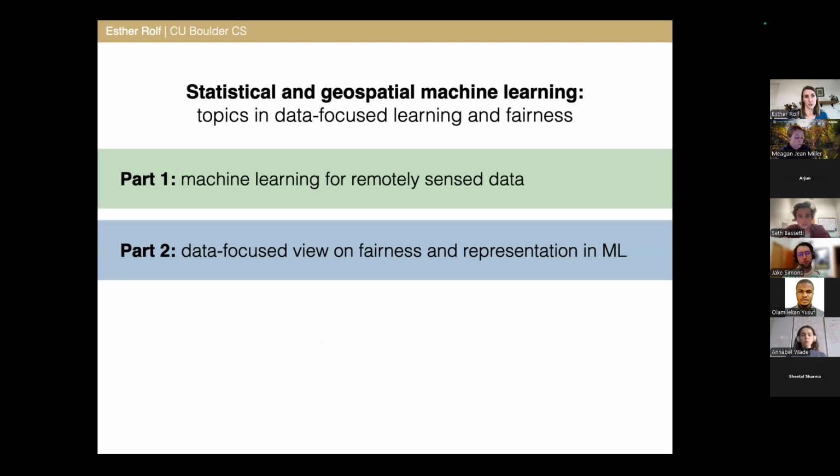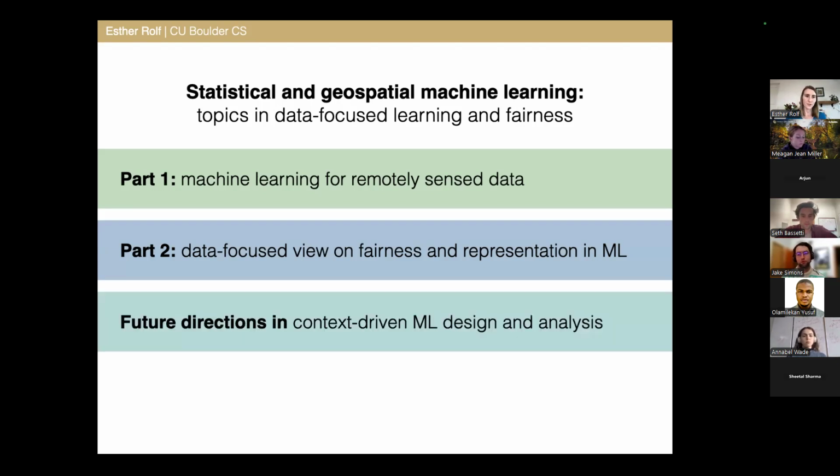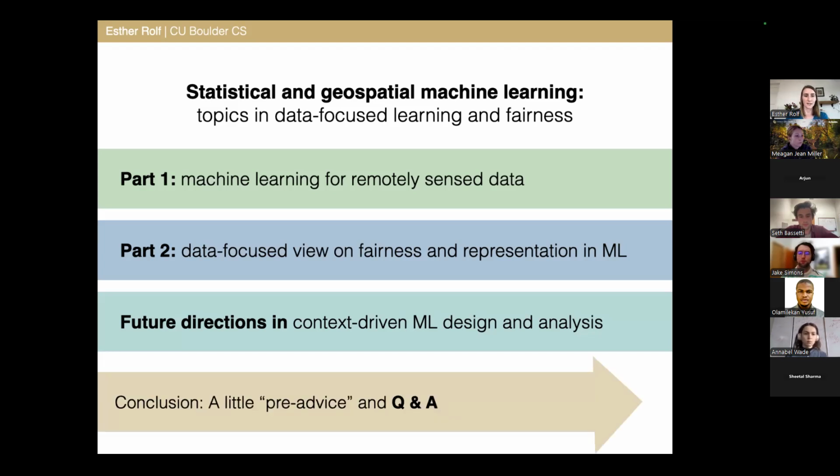If we need our predictions to be accurate and to be fair for many different people in our population, can we actually say what that means in terms of the types of data and representation and training data that we might need? And then I'll finish up with some of the future and current directions of the lab in context-driven machine learning. And then at the very end, we'll have a lot of time left over for Q&A, hopefully.